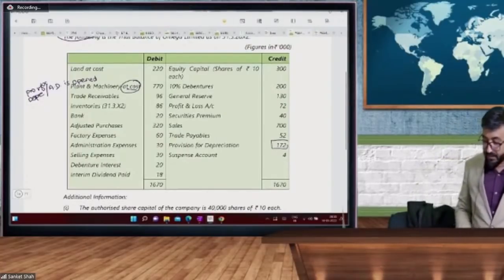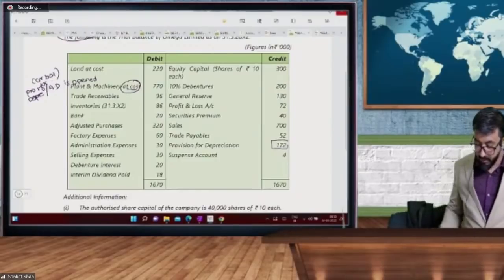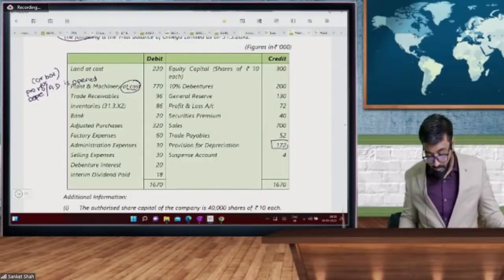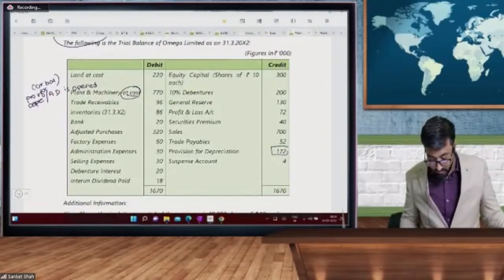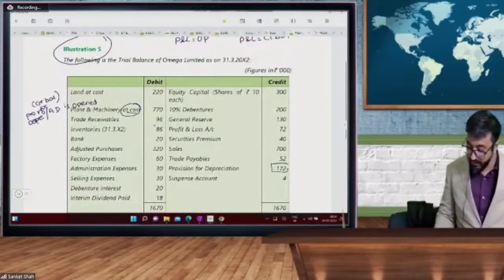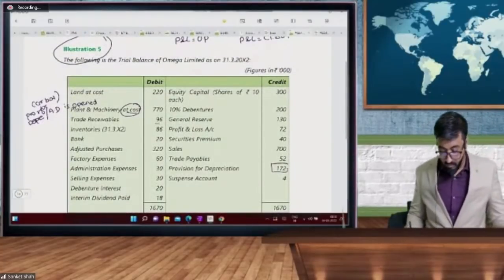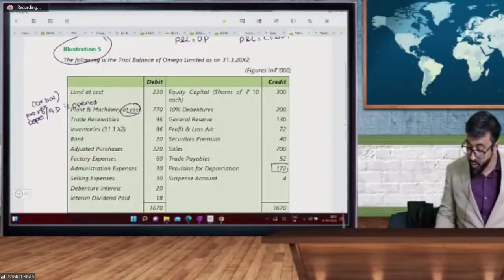Provision for depreciation has credit balance. Trade receivable 96. Inventories, this is closing, closing asset side.